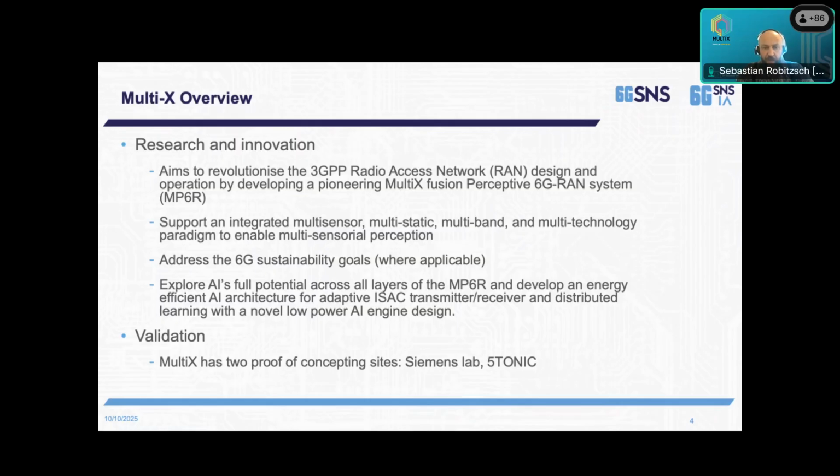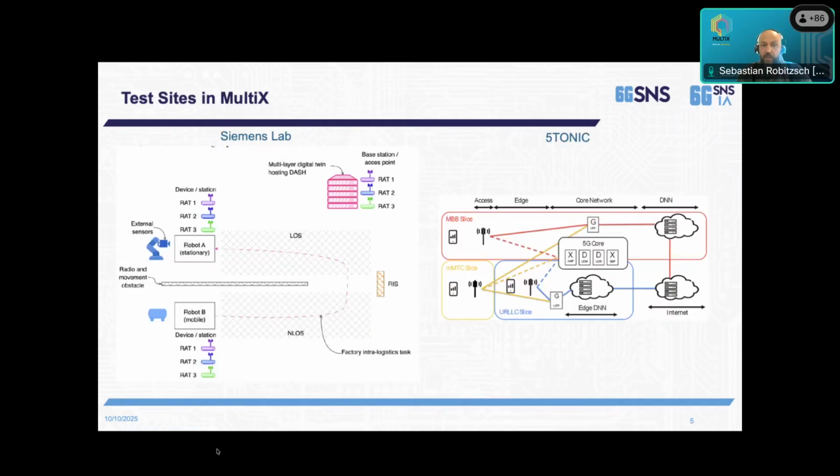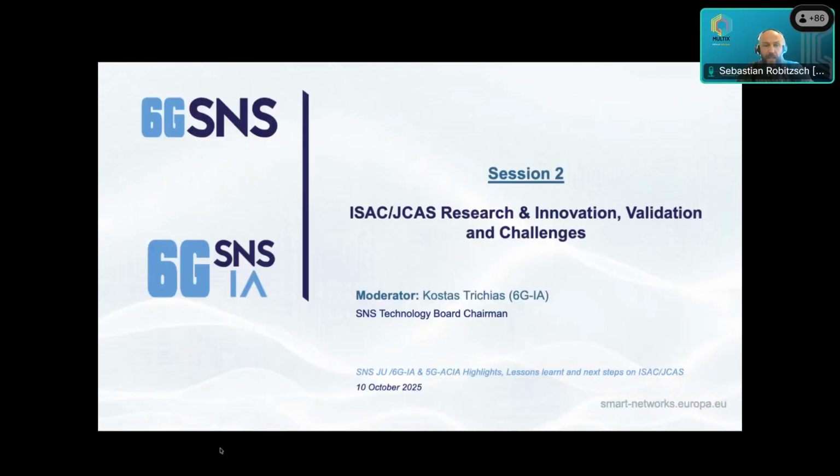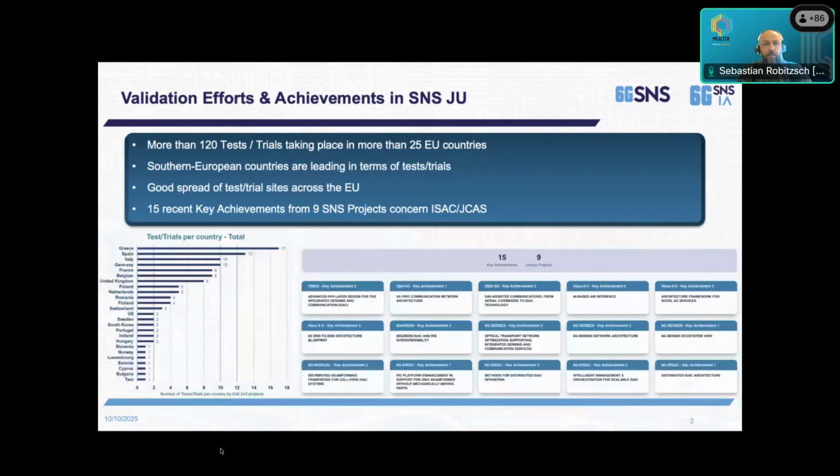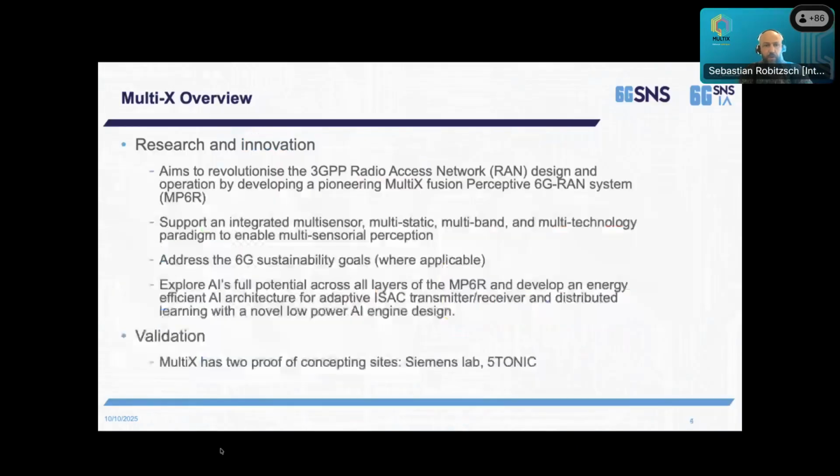And a very strong aspect, of course, on the sustainability angle, given that ISAC is a new technology that will be added to the existing cellular network, meaning you need additional energy resources to achieve this. And what we are essentially aiming for is two POCs, two scenarios, two locations, at the Siemens Lab and Phytonic, where we bring all the technology in those two labs and demonstrate the KPIs we are after.